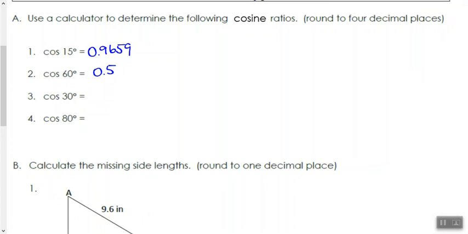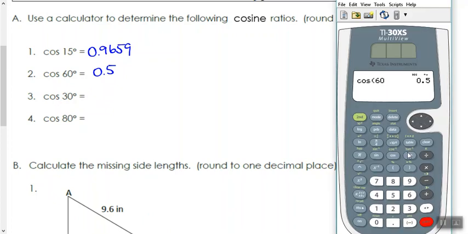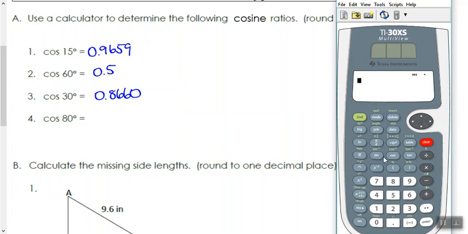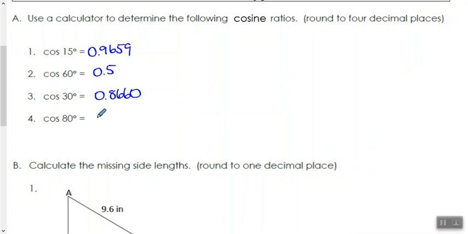Cos of 30, we get 0.866, or 0.8660. And then cos of 80 degrees is 0.1736.